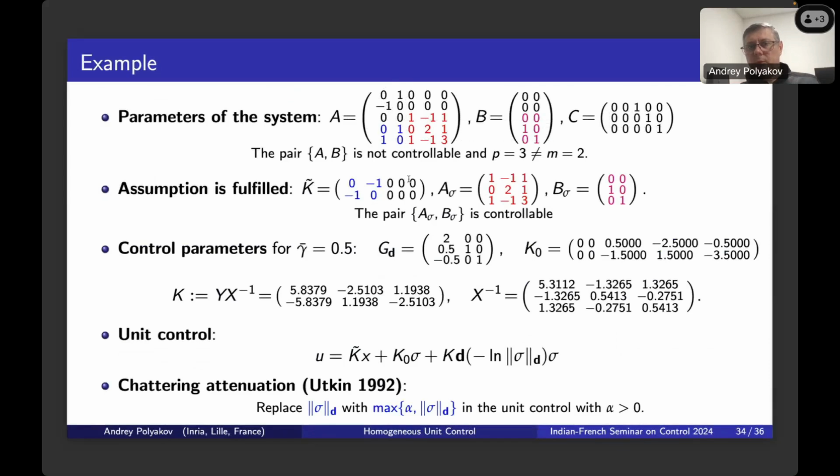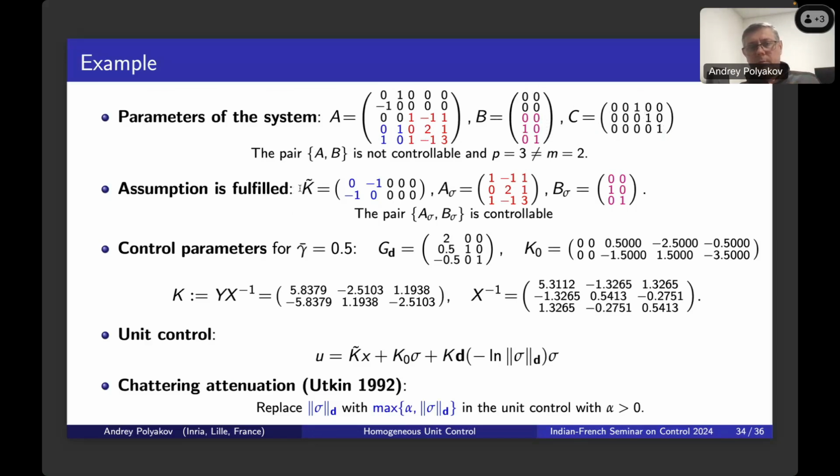But the output is completely controllable, and I select the sliding surface in the following way. So we want to stabilize only the three components which are controllable. But using only two inputs, the standard unit control is not applicable in this case, because matrix BC is not even square to be inverted.